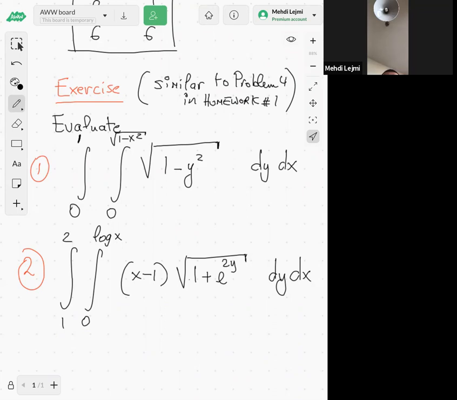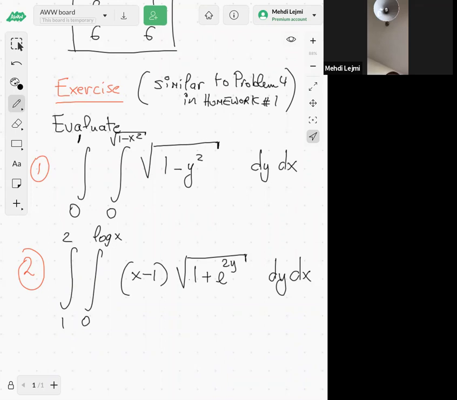I guess, David, you tried to use polar coordinates. Anyway, for polar coordinates, we're going to do them after the triple integral. We're going to see how to change the variables to make integrals easier to compute.